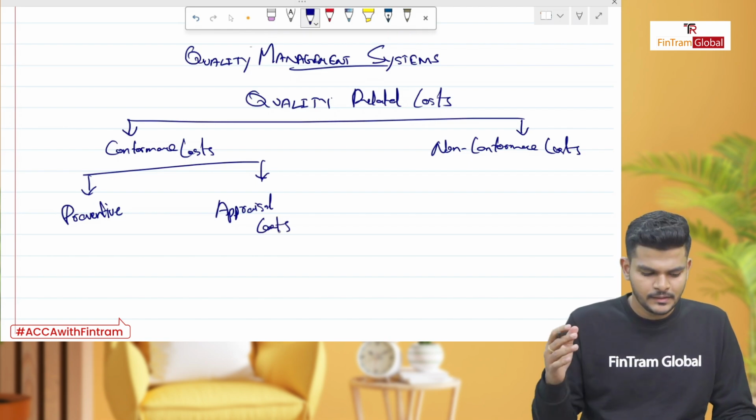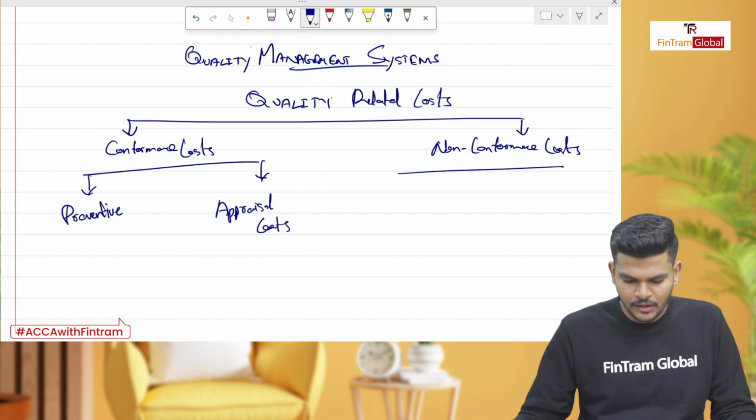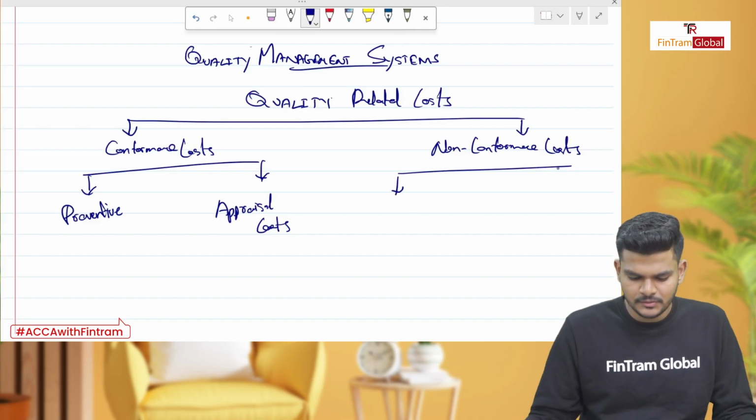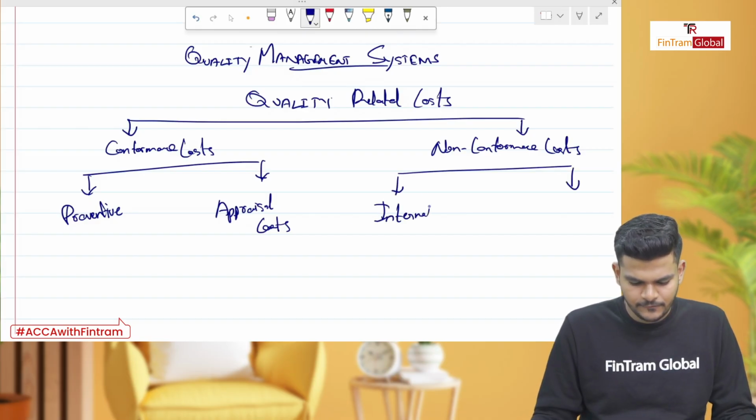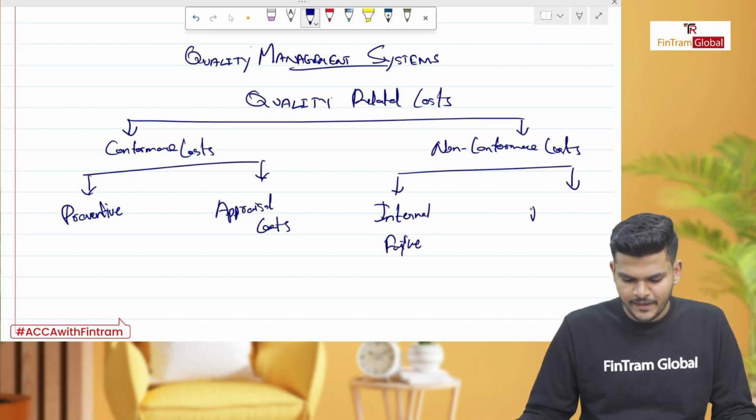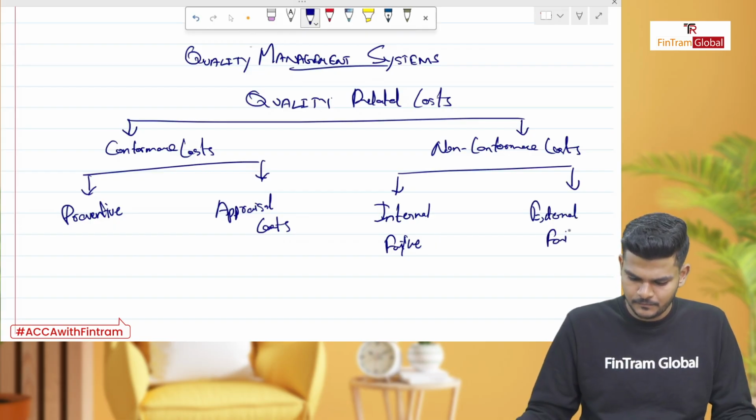This is what conformance costs are. And then non-conformance cost includes, again, two types: internal failure and then external failure.